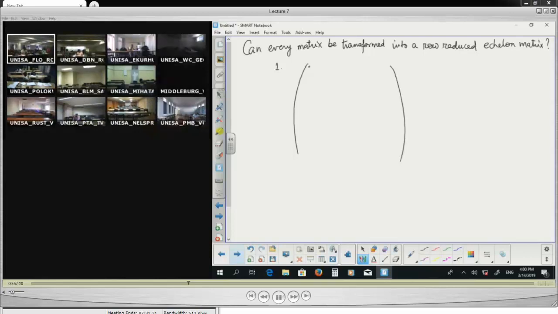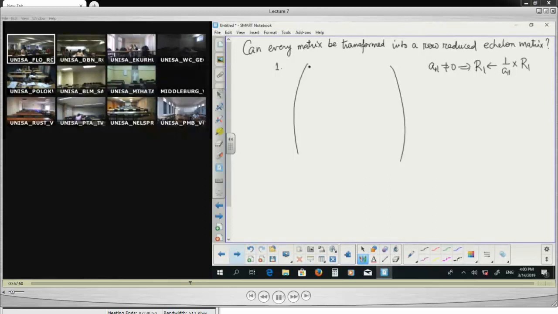Let's say A11, on the diagonal, is non-zero. Then I divide that row by A11. Replace R1 by R1 over A11. And you have to make everything below this to be zero.